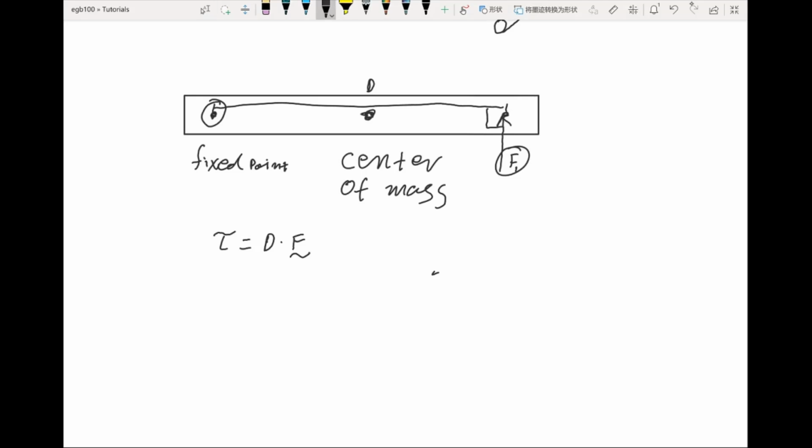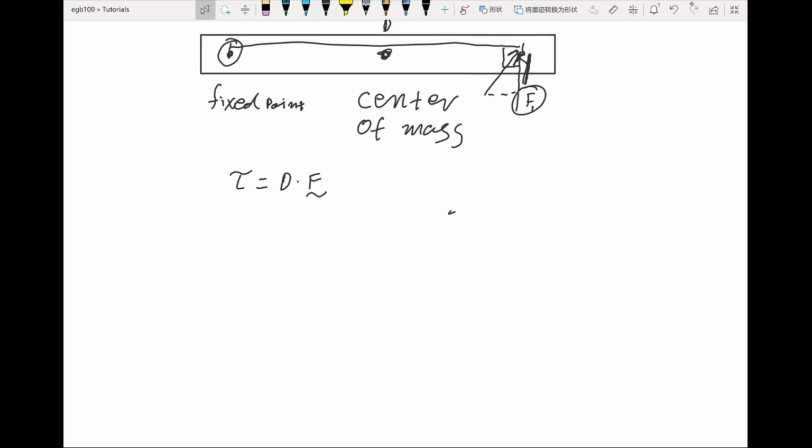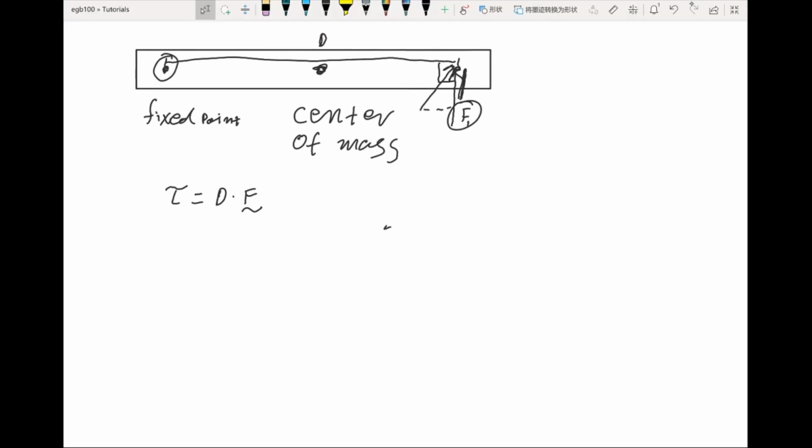However, sometimes the force vector will be in this direction, but all we want is this component of the force, the component that's at 90 degrees to the distance vector. So this is torque here.